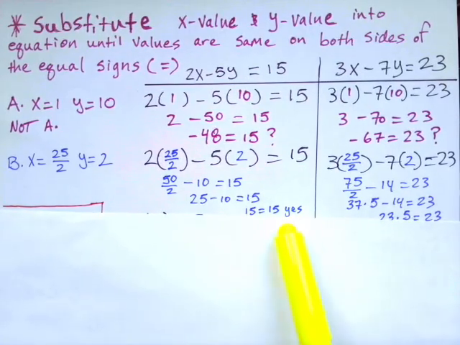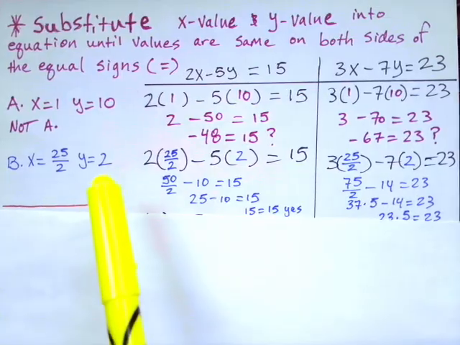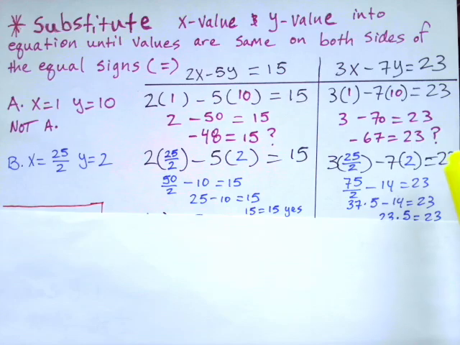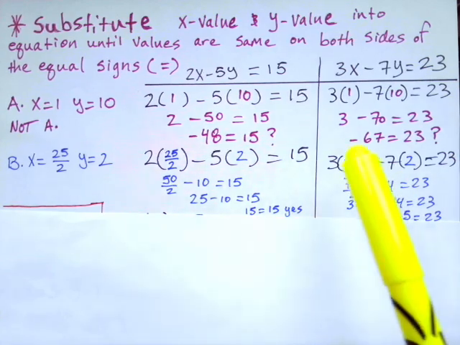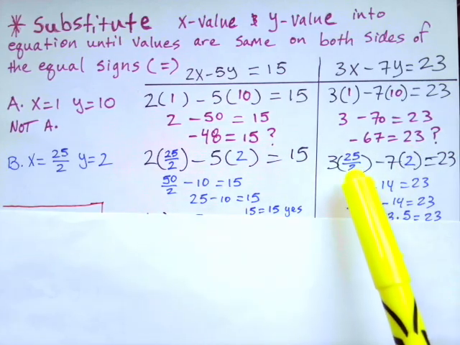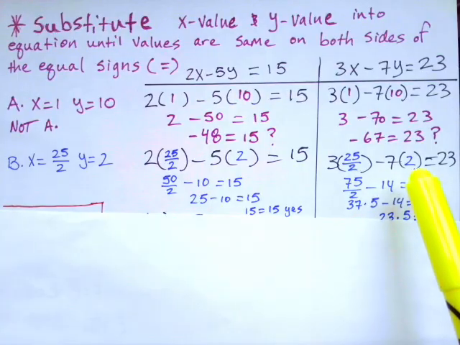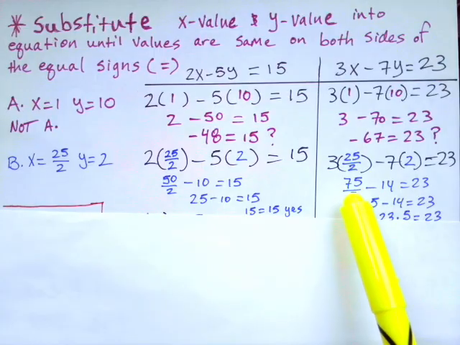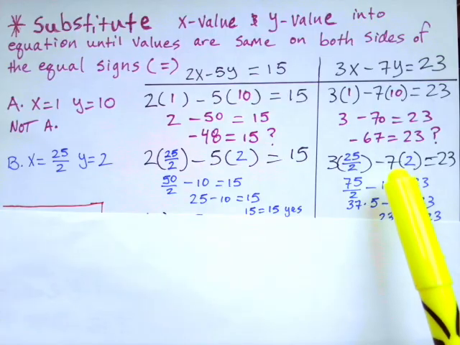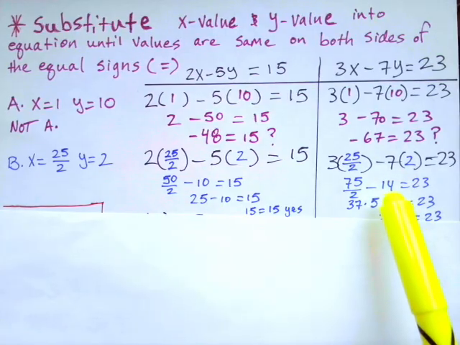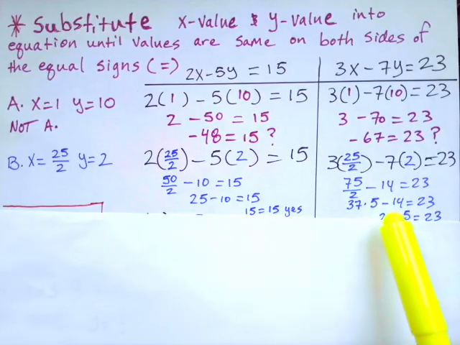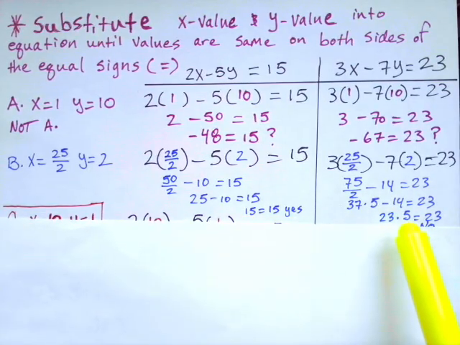But don't get too excited, because now we have to try these values with the other equation. It has to work on both equations. So I substituted 25 halves for x, 2 for y. 3 times 25 is 75 divided by 2 is 37.5. Negative 7 times 2 is a negative 14 equals 23. 37.5 minus 14 is 23.5.